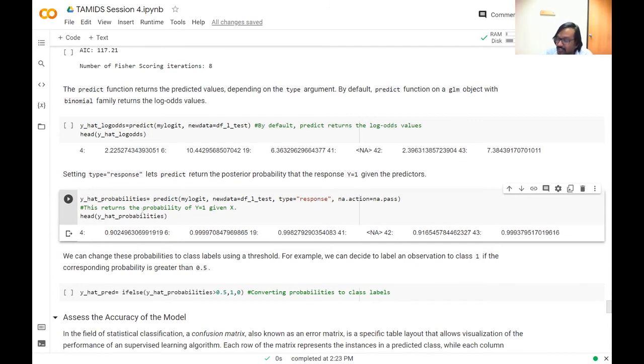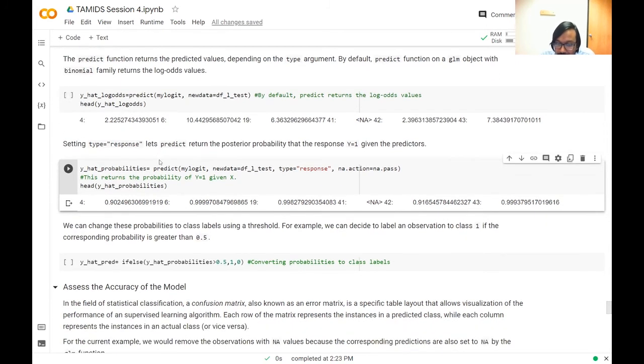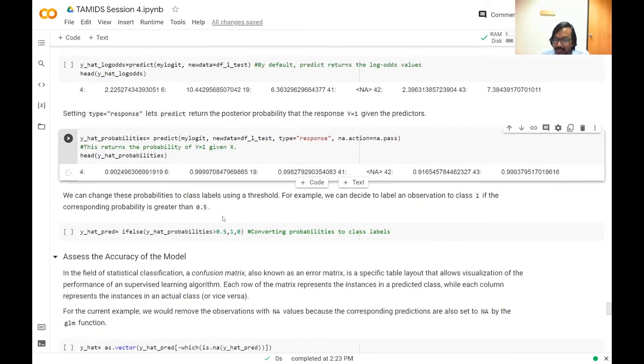So the action of checking the probabilities and coming to a decision is called prediction, right? We are making a prediction of whether it's going to rain tomorrow or not. Based on this thresholding, we can convert the actual probabilities to actual class labels.